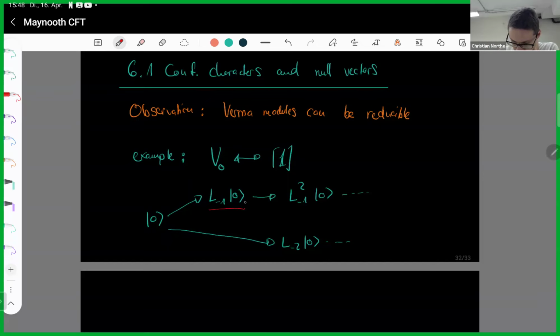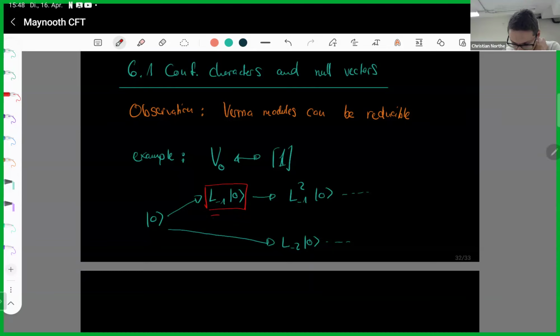This piece here, by conformal invariance, this vector is 0. So I said yesterday, global conformal invariance means that the ground state, the vacuum state, needs to be invariant under the global conformal group. And this guy, L minus 1, is actually the generator of translations, which is a subpart of the global conformal group.